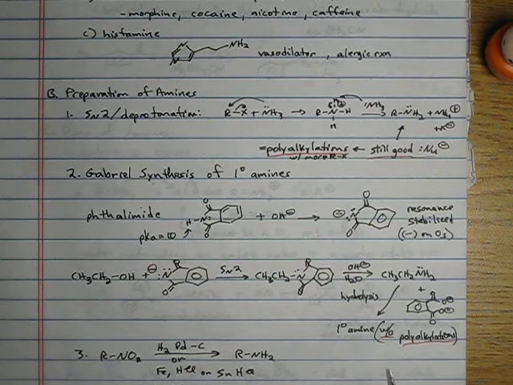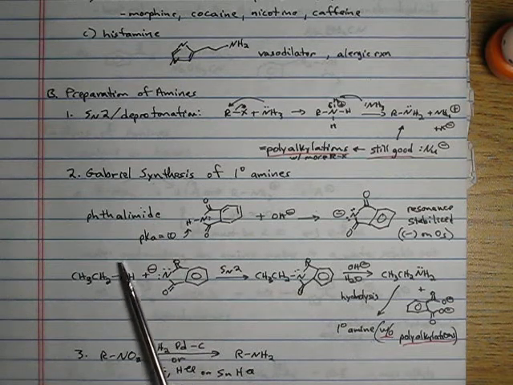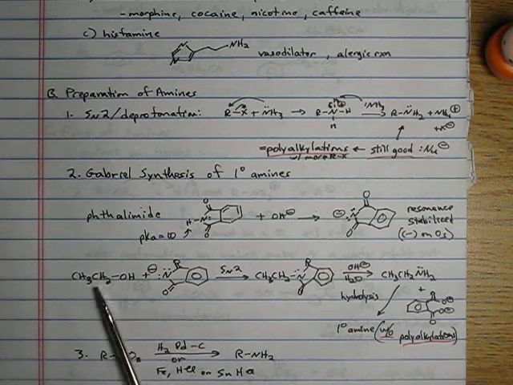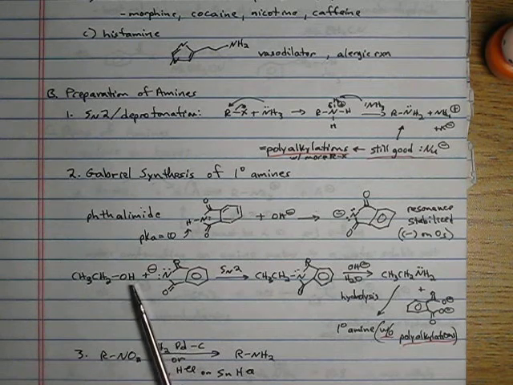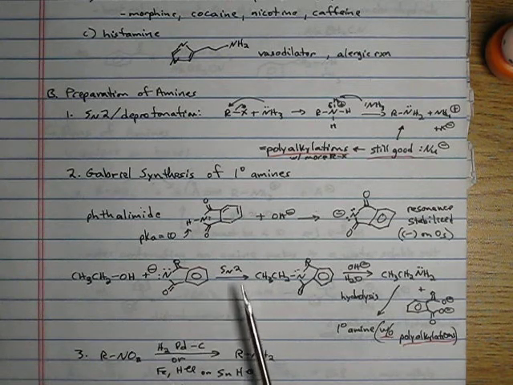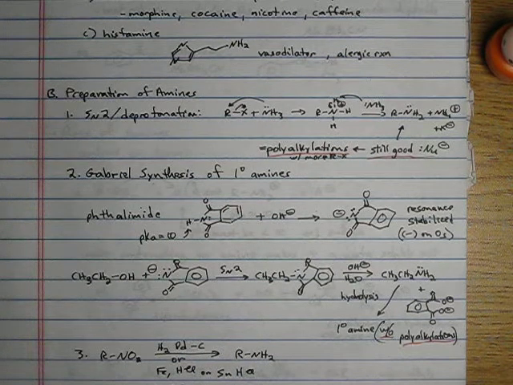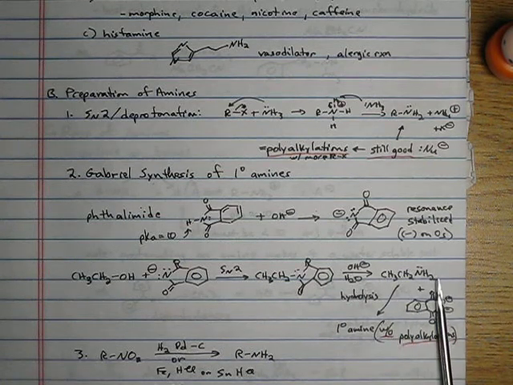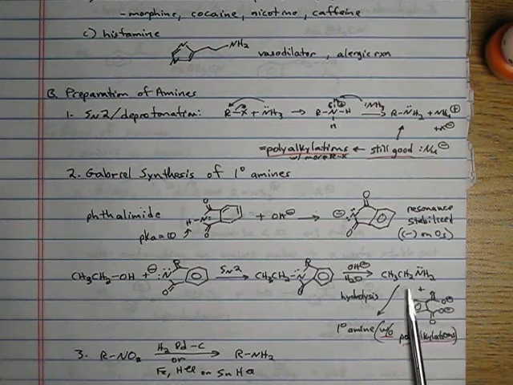However, a deprotonated phthalimide will react with a primary alcohol in an SN2 fashion and kick off that hydroxide. And part of the reason is because with that hydroxide that got kicked off, we're in aqueous solution, you're going to generate this amine and you're going to generate this dicarboxylate.